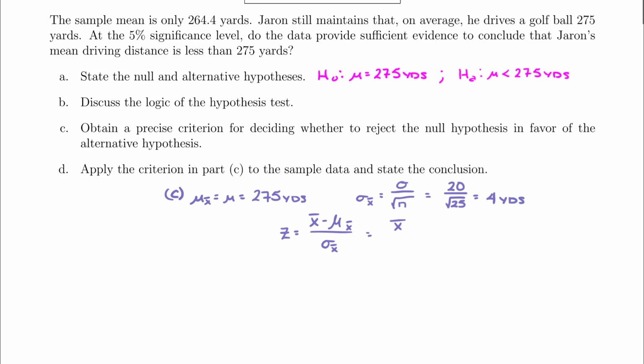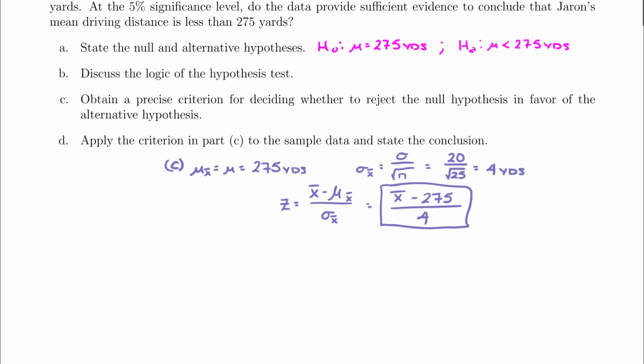We're going to exclude that for right now because we're just setting up the equation. So that's going to be minus 275 over 4. This represents our standardized version of x bar, and we can use that now to come up with any values that we need based off whatever x bar happens to be. Then that's where we're going to go to part D and apply this.